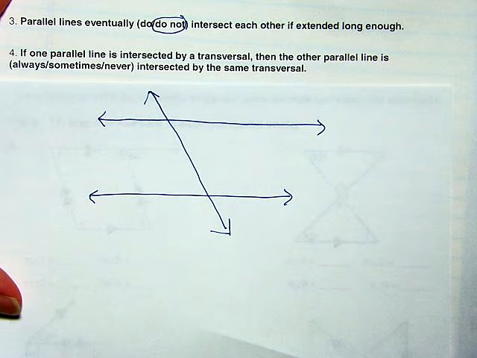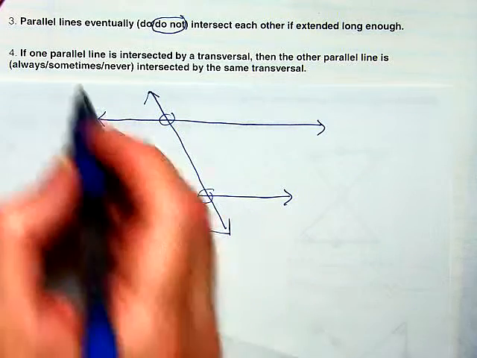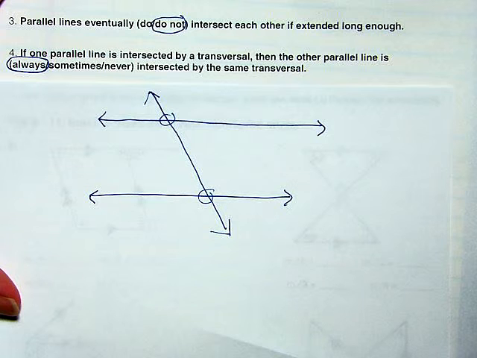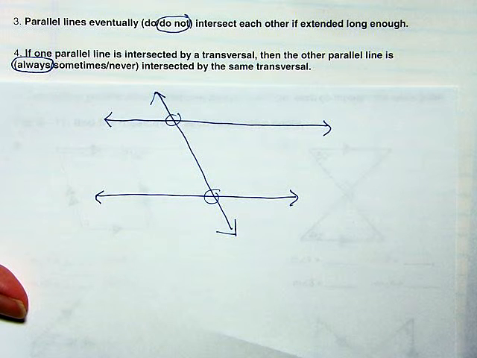If one parallel line is intersected by a transversal, that transversal will always intersect the other parallel line. Is there any way you think you can prove that? Not sure we have enough ability to prove that, but I think we can imagine a transformational proof with patty paper. If you'd like to go ahead and do that patty paper proof for yourself, feel free.